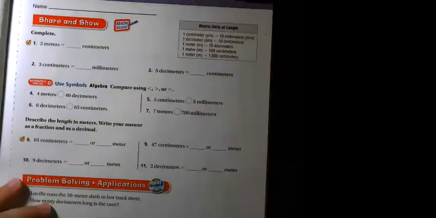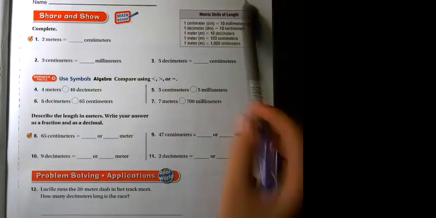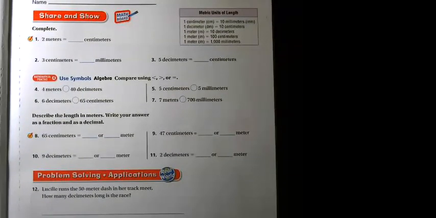Good. All right. So just like in the past, they have a nice little chart up here for you to show you all the different changes between the lengths in case you forget them. So it's right there for you.